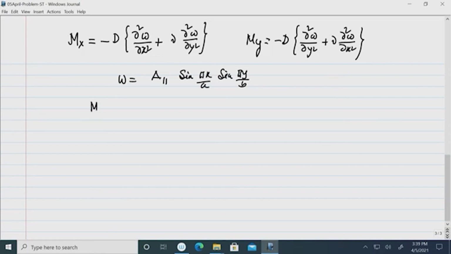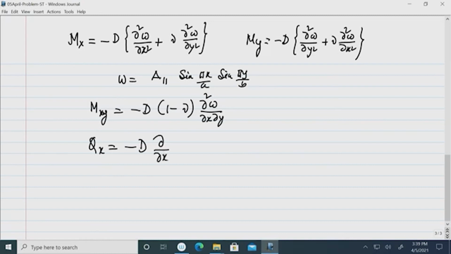So, now the twisting moment M_xy is calculated as minus D (1 minus nu) del square w del x del y, and shear force, say Qx at any point, can be calculated as minus D del by del x of del square w, and Qy is calculated as minus D del by del y of del square w.